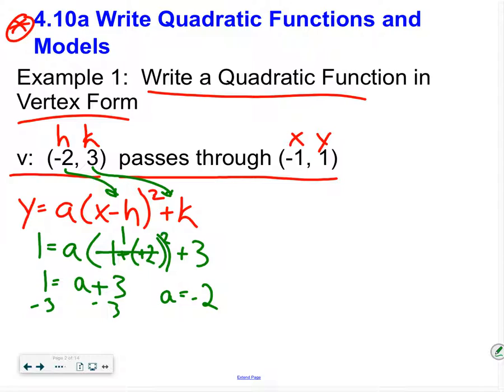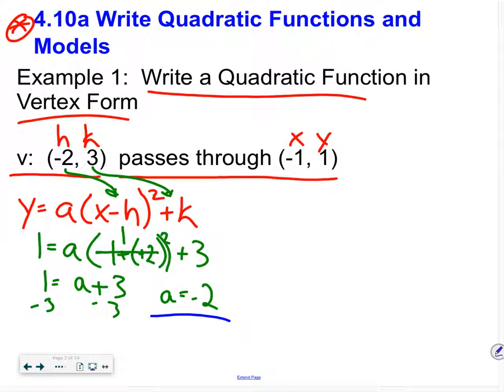Okay, now what do you think I do, since I have an a? Plug it back in, and just write our vertex in there. That's it. Aren't you supposed to add the 1 to the 3? No, because that's a times 1. That would have been with the a. Yeah, that's with the a.